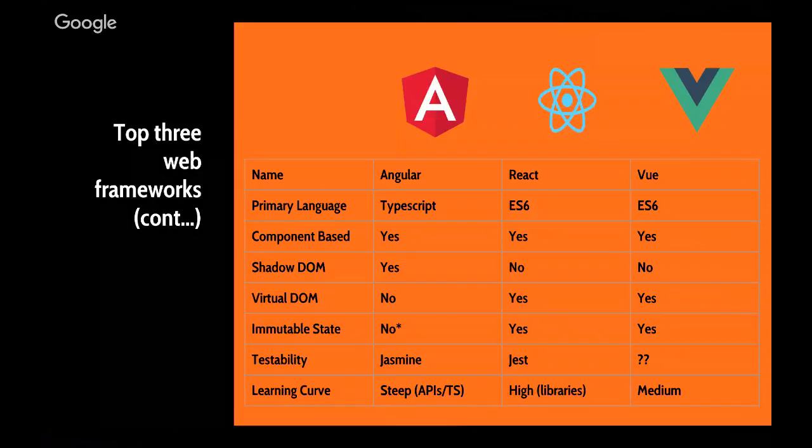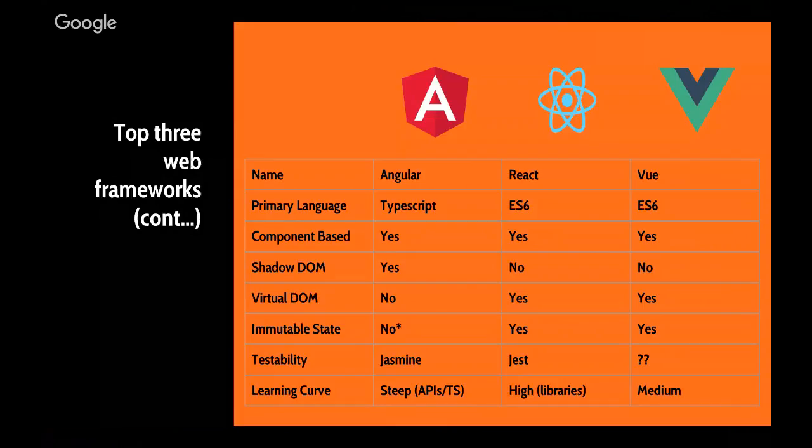Angular uses the shadow DOM, and what the shadow DOM is, it basically obfuscates all of your component CSS styles so they don't bleed out into the application, which is pretty nice. So if in our component HTML we had an H1 tag, and in our component styles we said background color red on that H1 tag, it's not going to change the whole application to be background color red, which is pretty nifty.